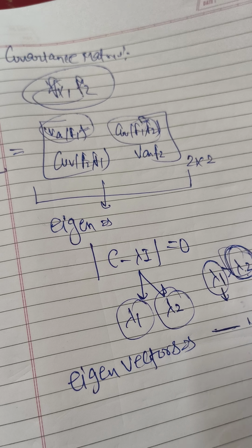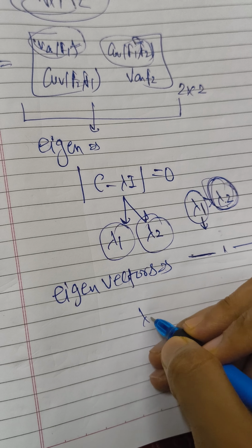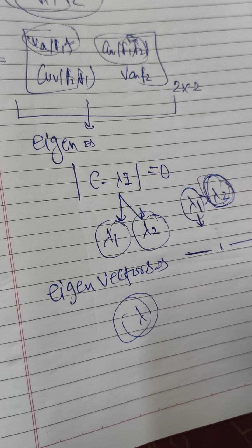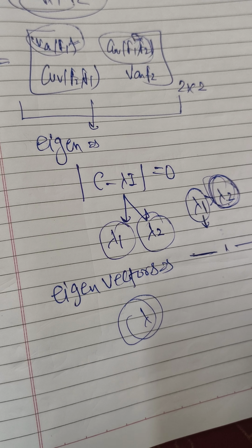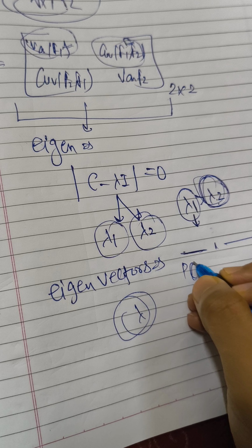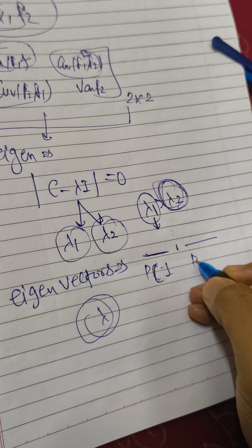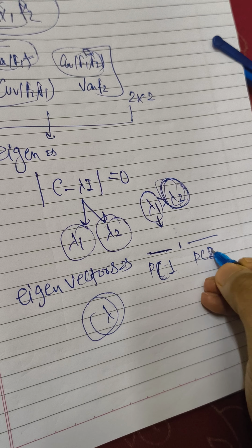In research it is found that the eigenvector for which the lambda value is greater covers more variance or spread, and these vectors are called the principal components. It will be principal component 1 for lambda 1 and principal component 2 for lambda 2.